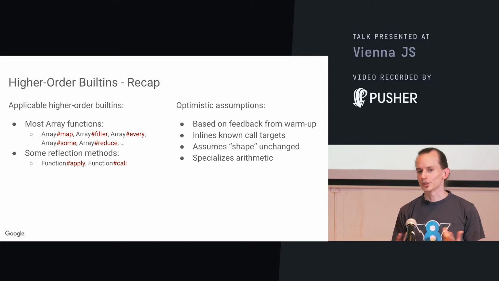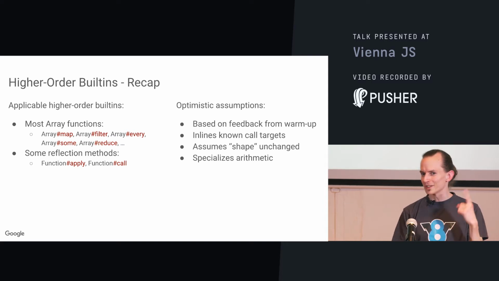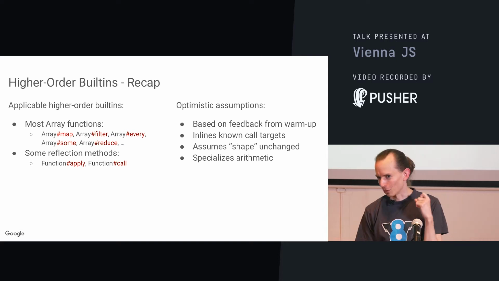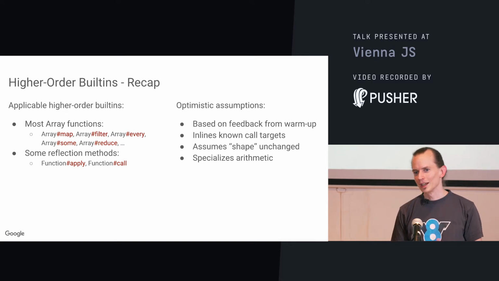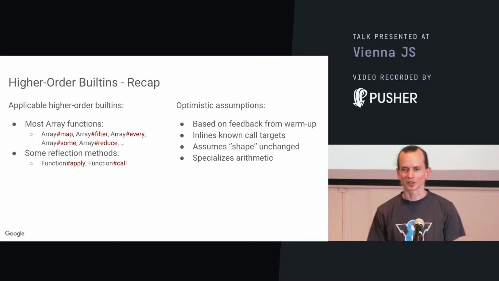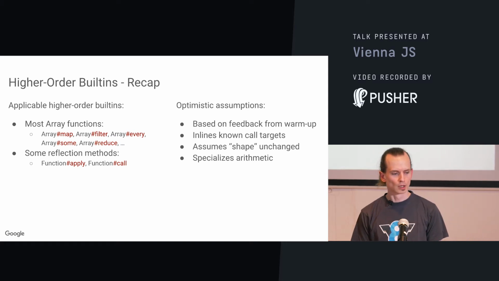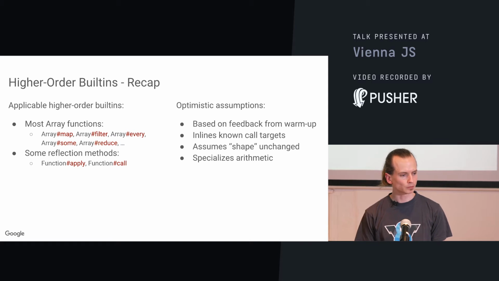You can totally do that. It's just about the consistency of doing it. If you do it once in 1,000 occurrences, we probably optimized before. If you do it every other time, okay, we learn about it. So having consistent arithmetic inside the functions you pass to these built-ins also helps us to optimize better.